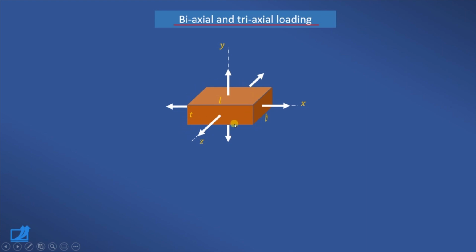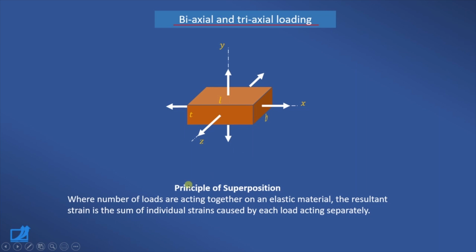So under this triaxial loading, what is strain in length? If you want to know, it's very simple. We apply the principle of superposition, where a number of loads are acting together on an elastic material. The resultant strain is the sum of individual strains caused by each load acting separately. What does that mean?